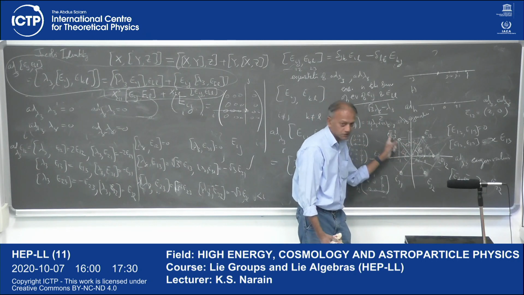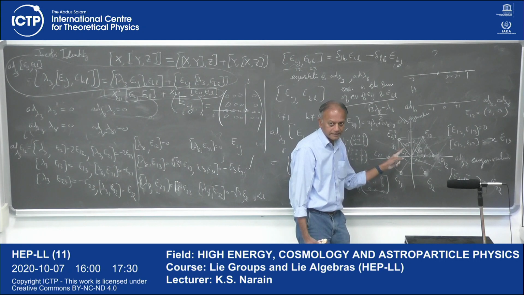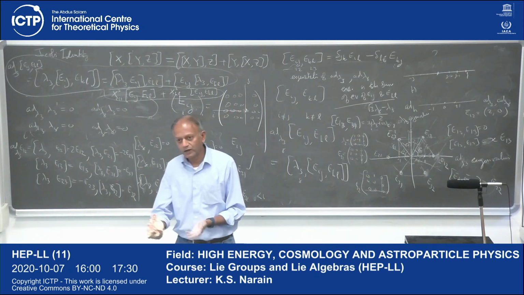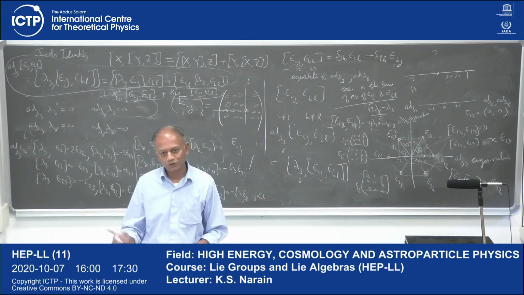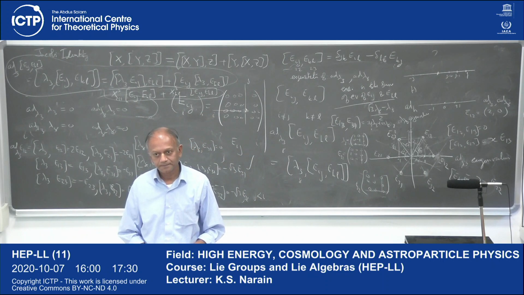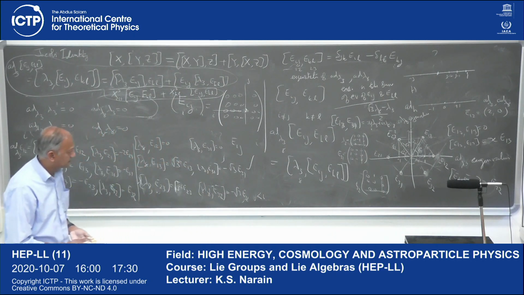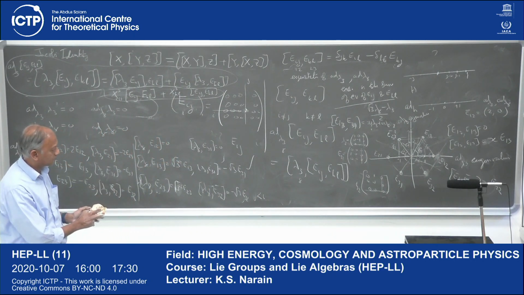And this will also form another SU2 subalgebra. So for every positive root, or equivalently every negative root, there is an SU2 subalgebra. That's the structure we are seeing in SU3.